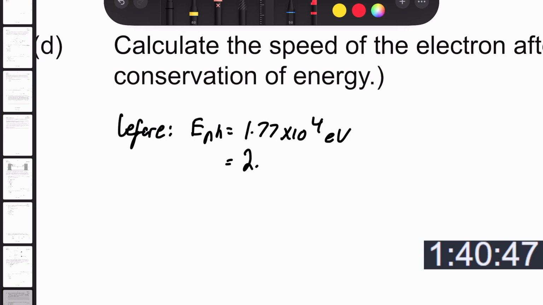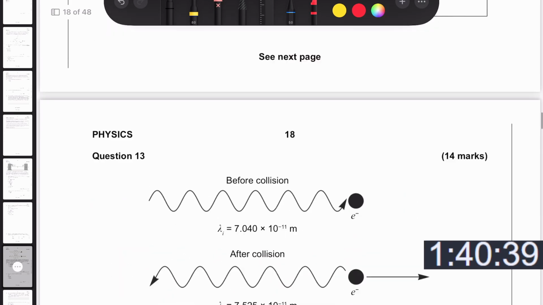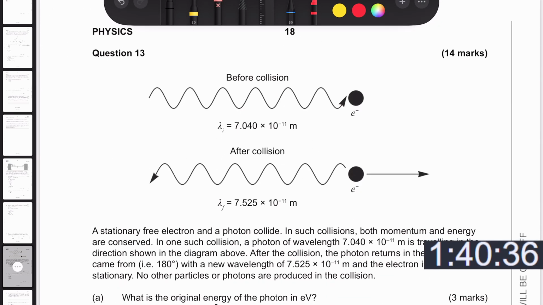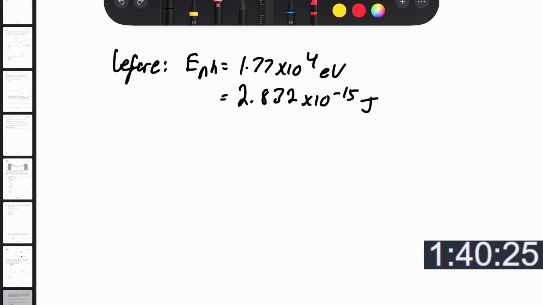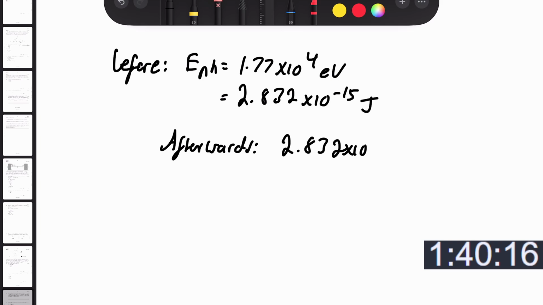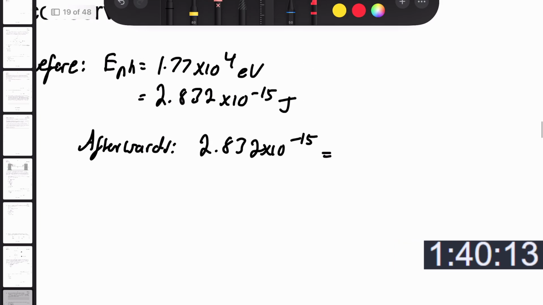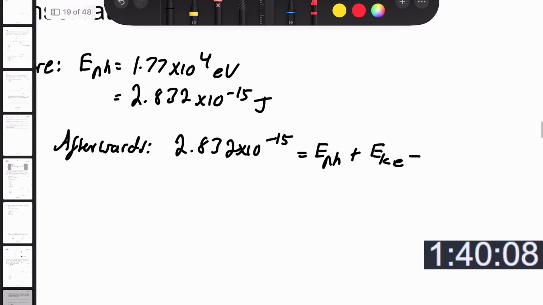So this is 2.832 times 10 to the negative 15 joules. Now I don't have to worry about the mass, do I? The mass will be the same in both. So then afterwards, 2.832 times 10 to the negative 15 is going to equal the energy of the photon plus the kinetic energy of the electron.